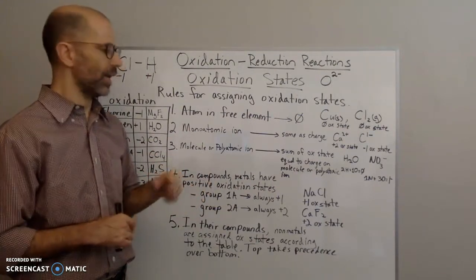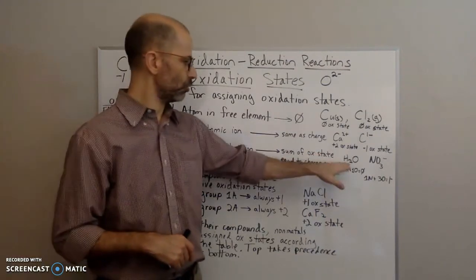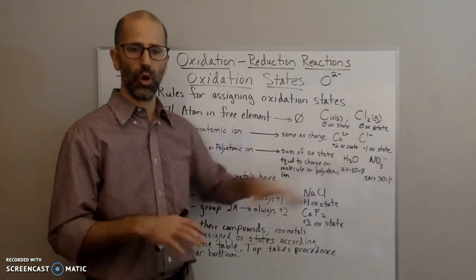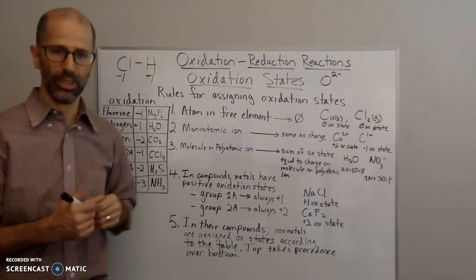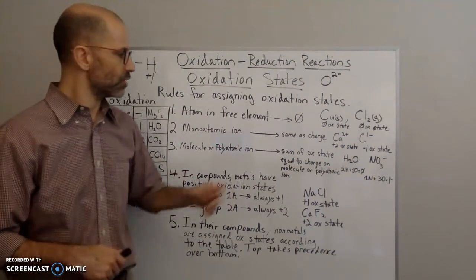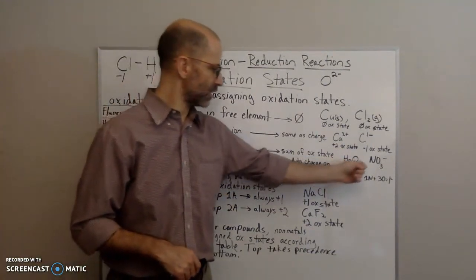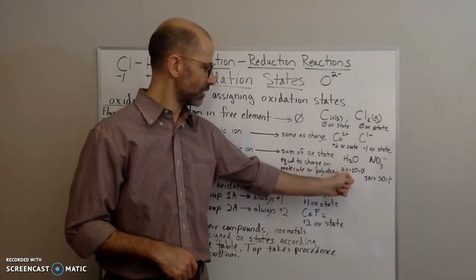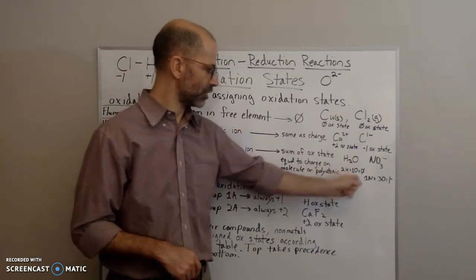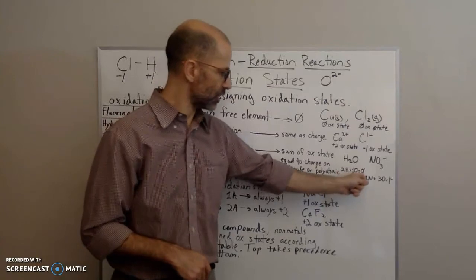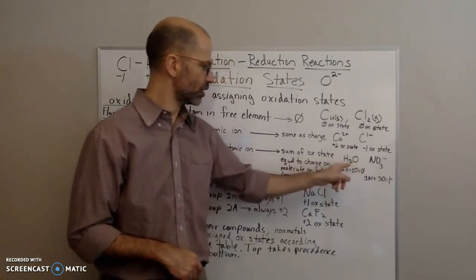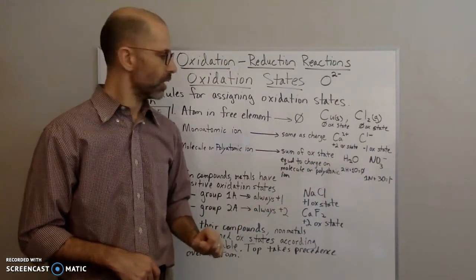If it's a molecule, it's going to have no charge, so the overall charge on a molecule is 0. So for water, the oxidation states for the 2 hydrogens and the 1 oxygen should sum to 0 because there's no charge on the water molecule.